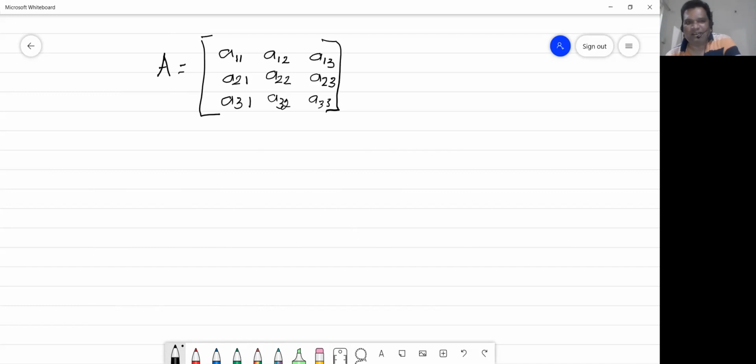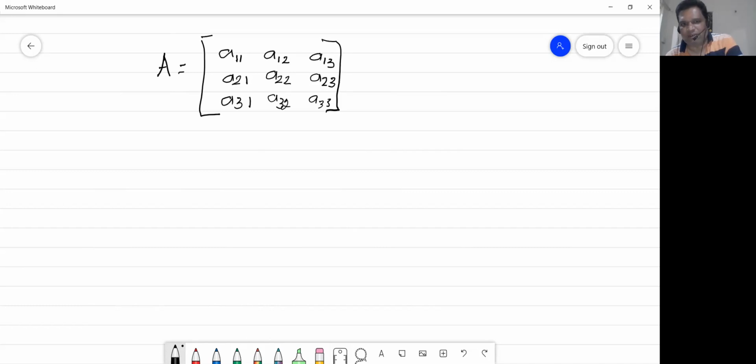So, what is the order of the matrix? Number of rows into number of columns. How many rows are there? First row, second row, third row. How many columns are there? First column, second column, third column. There are 3 columns.